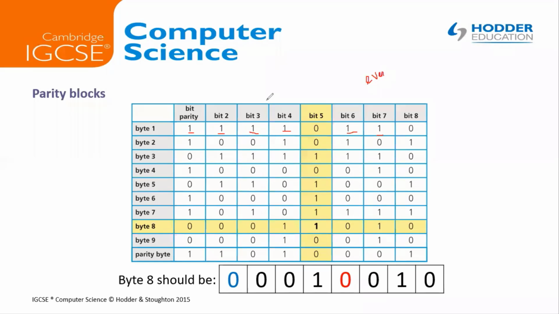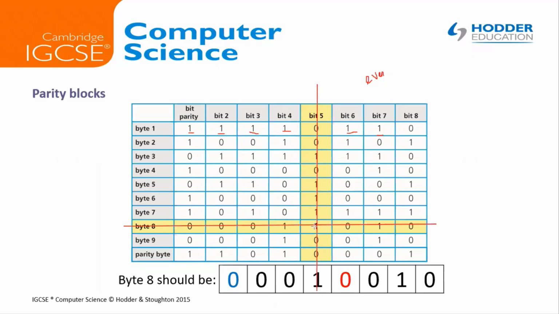So you're going to do that for each one of them, and maybe draw a line here at bit 5, okay, and for byte 8 also you're going to draw a line, and same for bit 5, which contains an error.